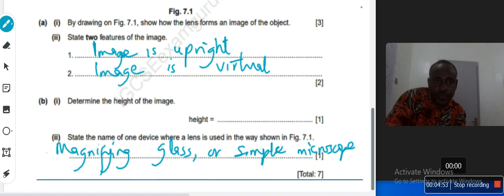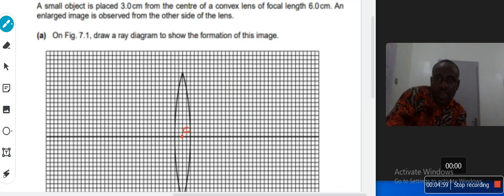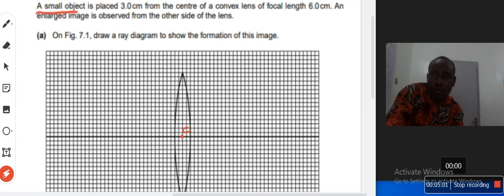Alright, so the next question looks similar. It says an object is placed 3 centimeters from the center of the lens, the geometrical center, of a convex lens of focal length 6 centimeters.